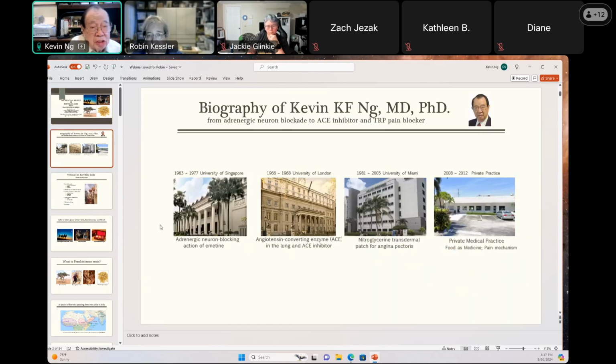Now, this is the history of myself spread over nearly 60 years. In my younger days, I was a young doctor taking care of a patient in the medical ward. One patient came in with diarrhea, and I took the stools out, looked under the microscope. I found amoeba, a parasite moving. At that time, the only treatment was an alkaloid derived from the ipecac plant, originated in Brazil.